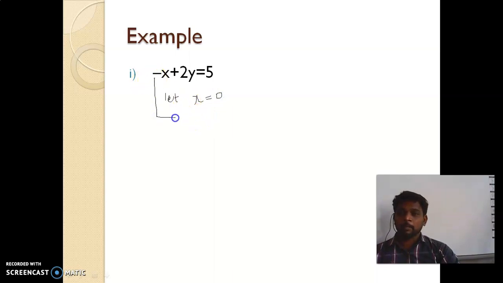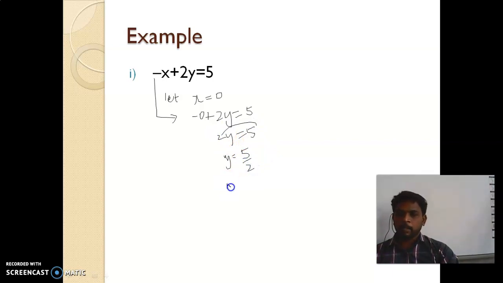This will become minus 0 plus 2y equal to 5. Minus 0 means 0 only. So 2y equal to 5. Therefore, what is y? 2 is in multiplication with y, so when we transpose it to that side, it becomes division.